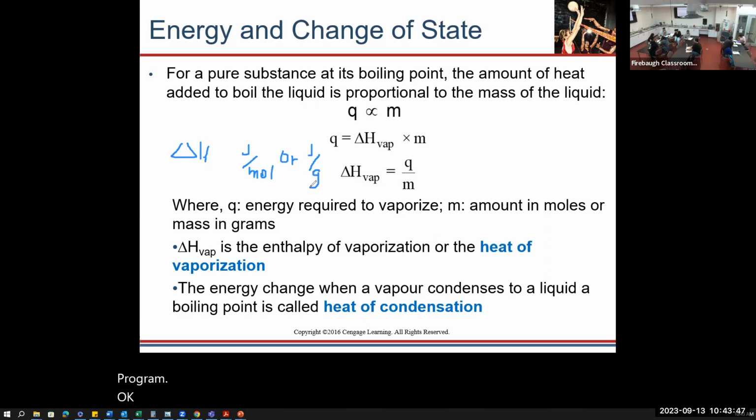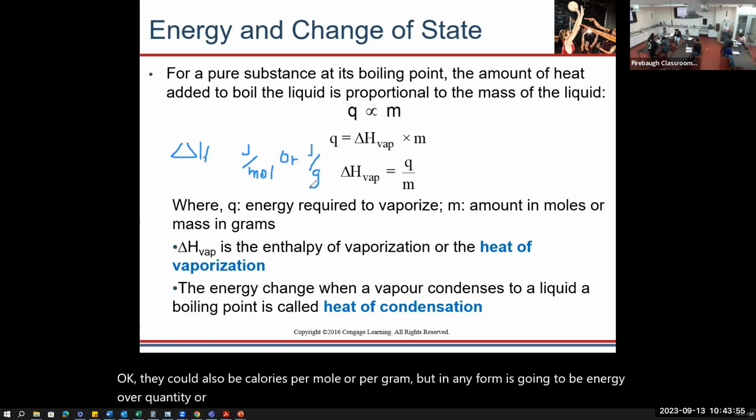They could also be calories per mole or per gram, but in any form, it's going to be energy over quantity or energy over mass, depending on what our delta H is.